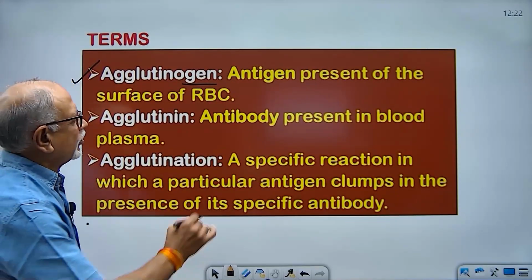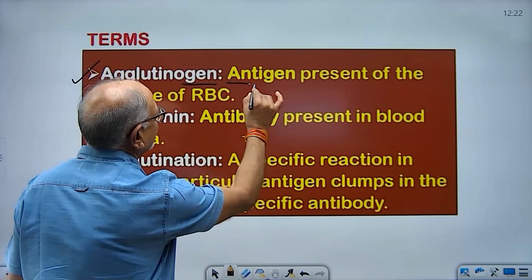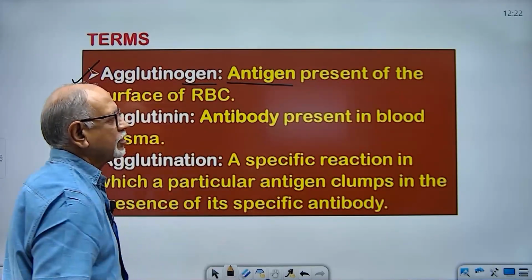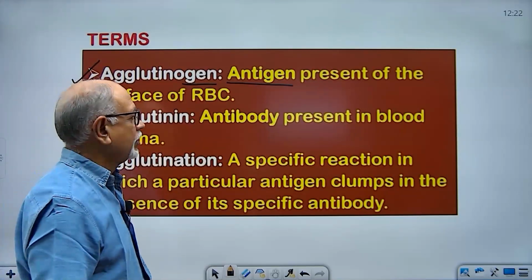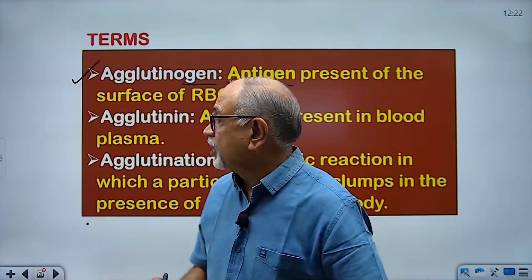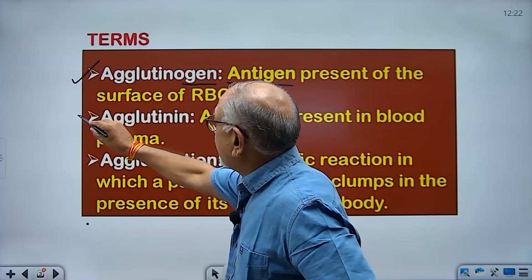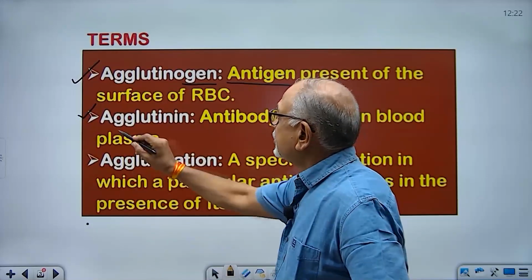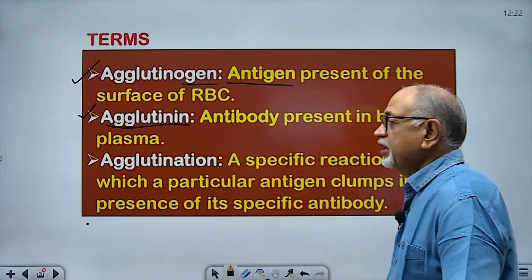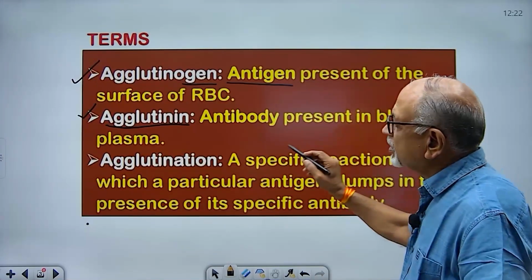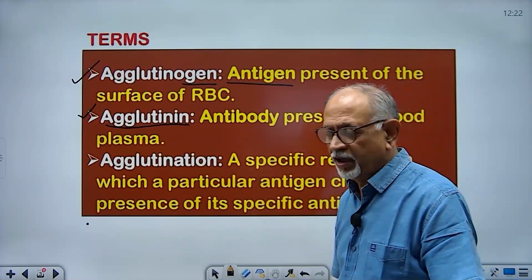That is for antigen, a specific kind of protein which is present on the surface of RBC. The second one is the agglutinin. Agglutinin is the antibody which is present in the blood plasma.